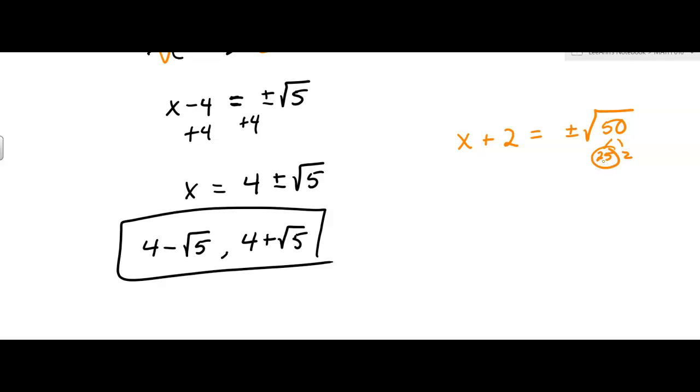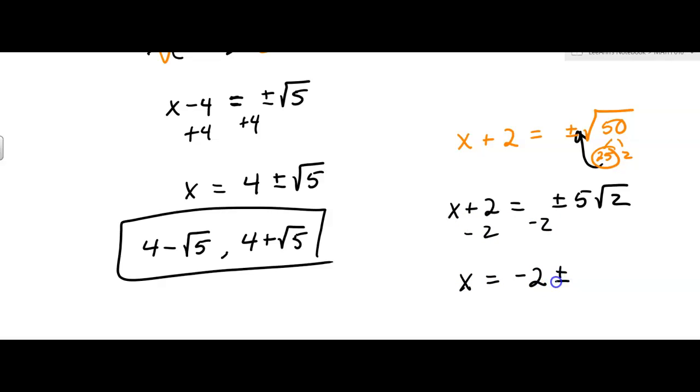So you take the square root of 25, and you would have x plus 2 equals plus or minus 5 square root 2. That 5 goes right in front of the radical, behind the plus or minus. Now if I subtracted 2 from both sides, I would get x equals negative 2 plus or minus 5 square root 2.